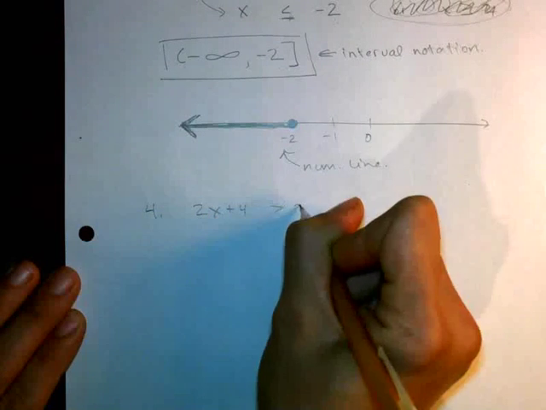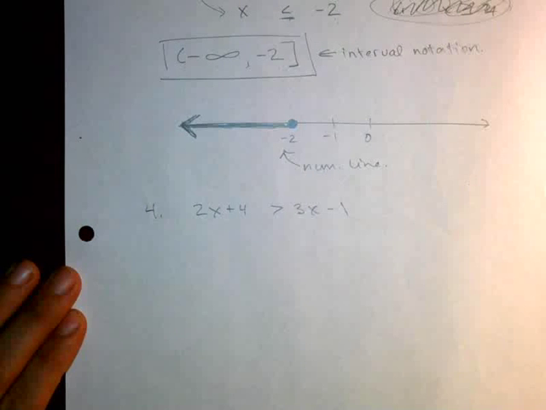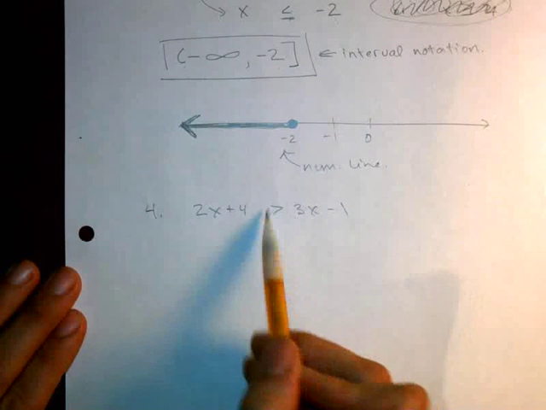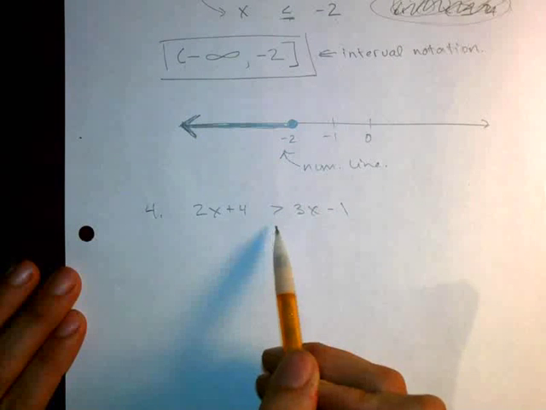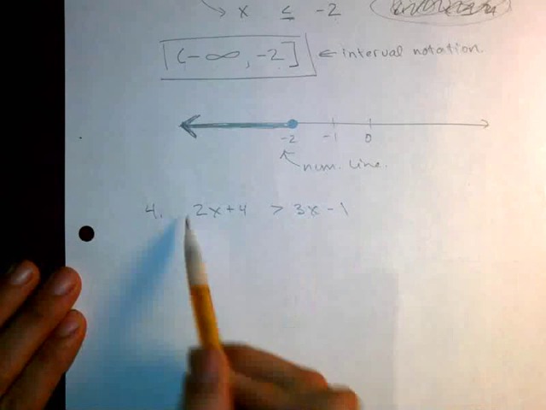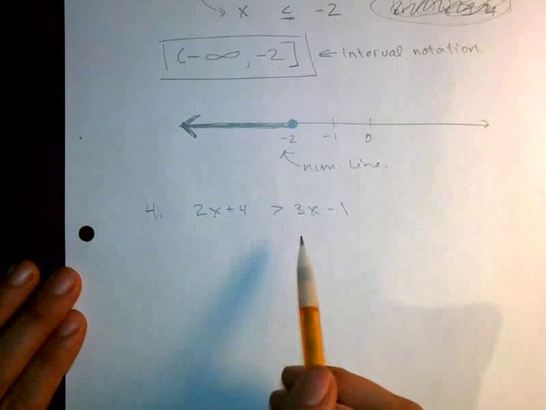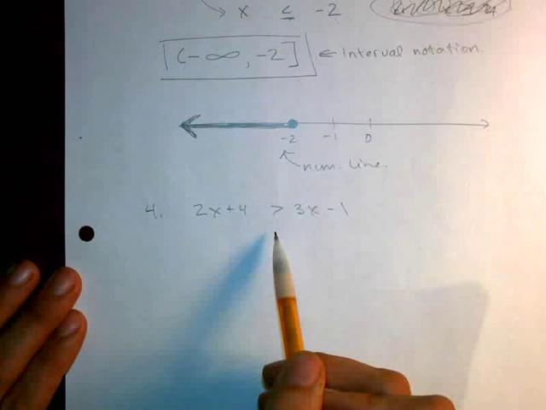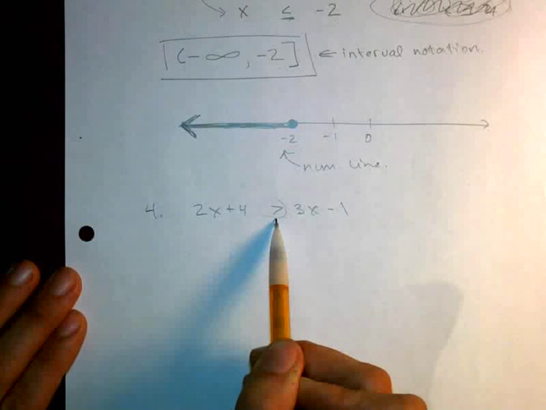The next question, question 4, said 2x plus 4 is greater than 3x minus 1. Now we need to solve this again and treat this greater than sign as though it is just an equal sign. The only thing that we have to remember in this equation is that if we multiply or divide by a negative 1, then we have to flip the sign of the inequality.